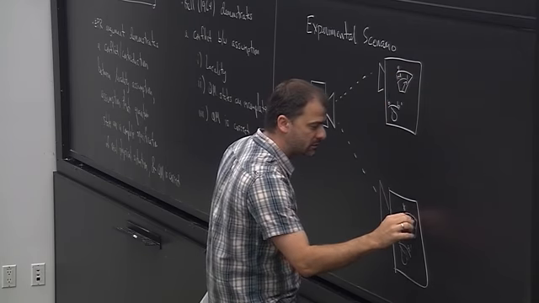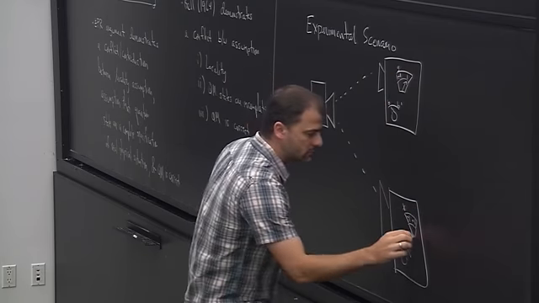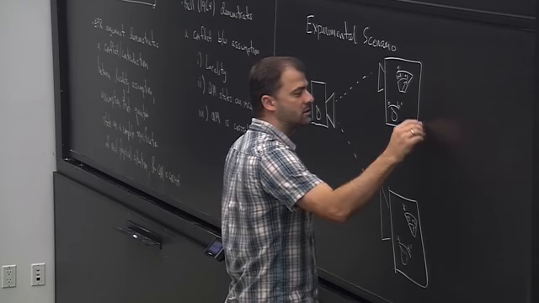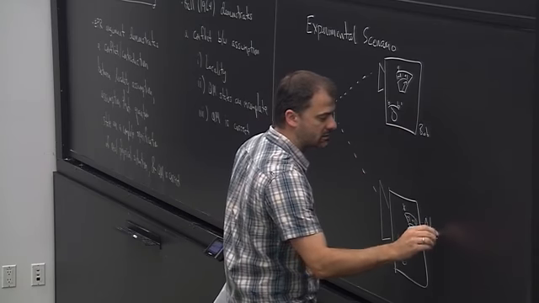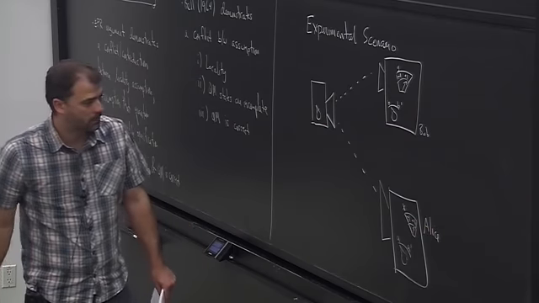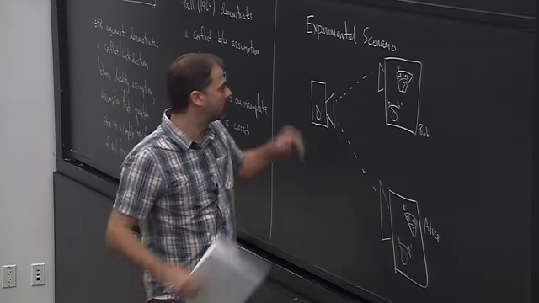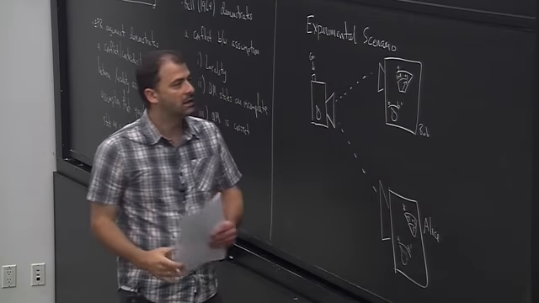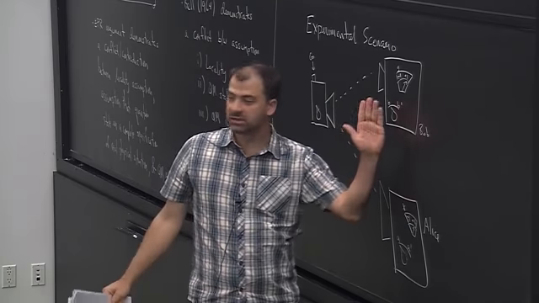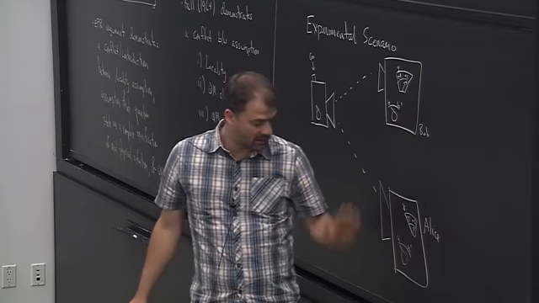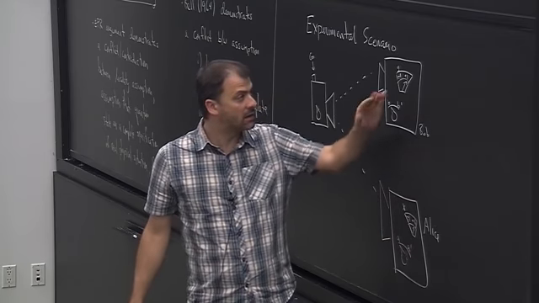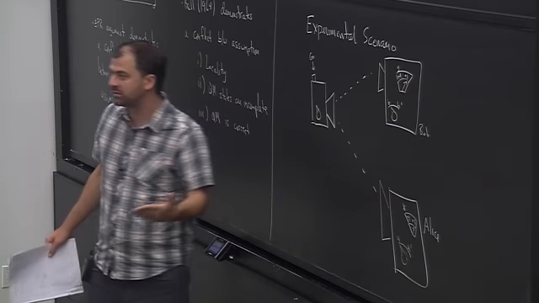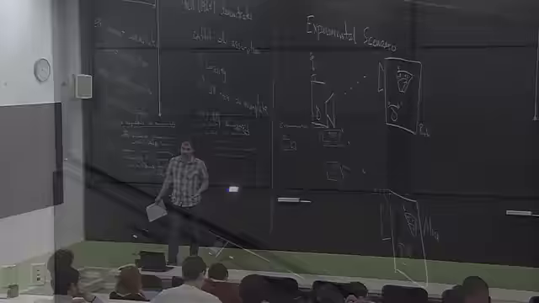This will be Bob's box, and this is Alice's box. What we're interested in is we push the go button one time, and then Bob chooses some measurement, and Alice chooses a measurement, and then Bob gets ±1, and Alice gets ±1. We're interested in how often these outcomes are correlated versus anti-correlated.